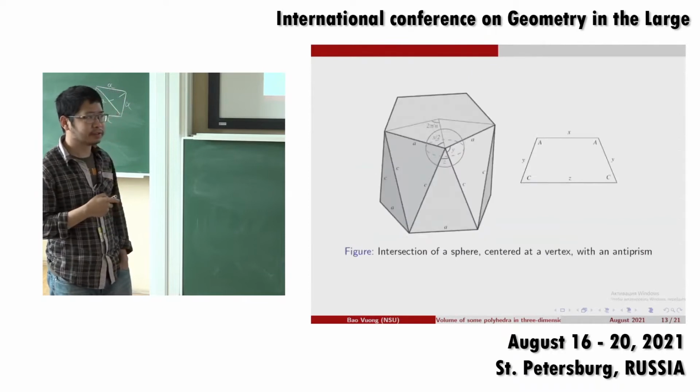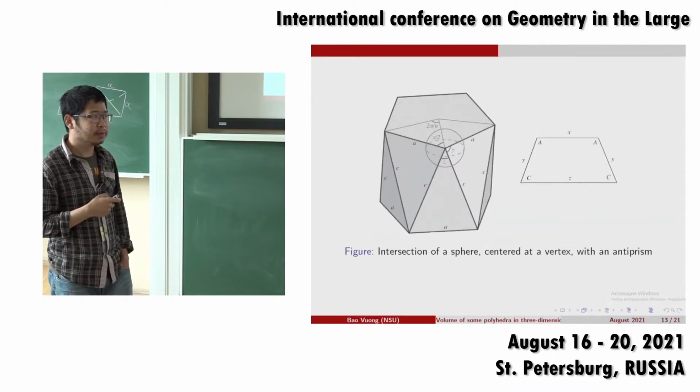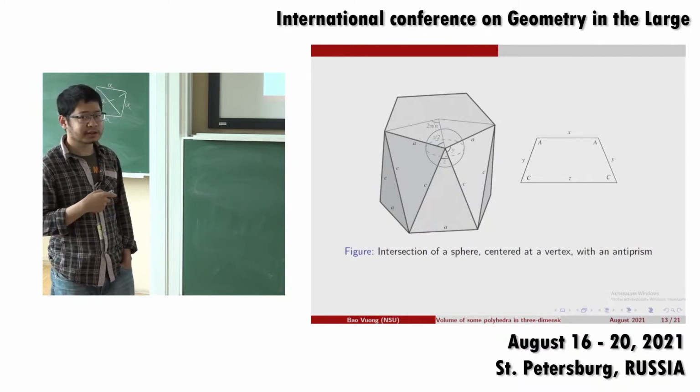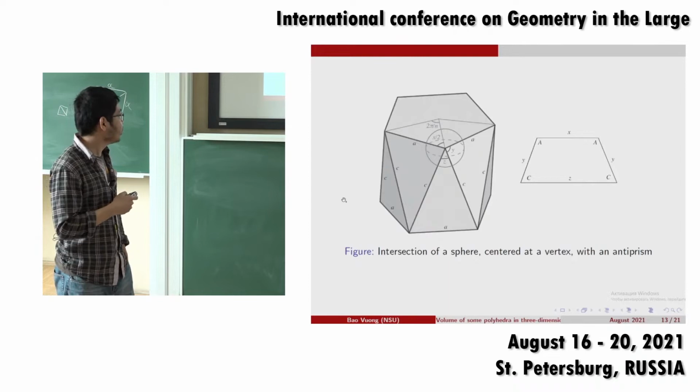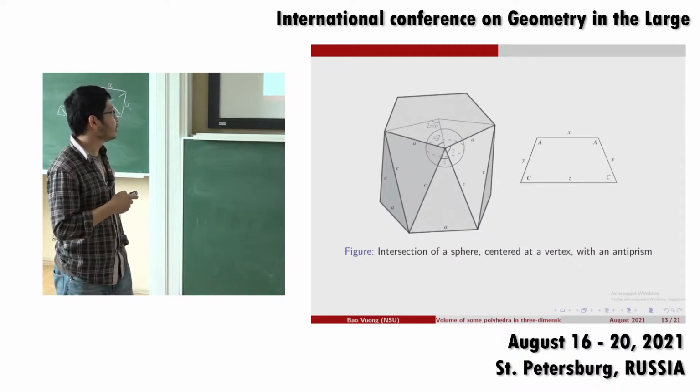For the case of the spherical antiprism, we use the Wiener metric, which I showed before, and we put a two-dimensional sphere here, and the intersection with the vertices of the antiprism will be an isosceles trapezoid.